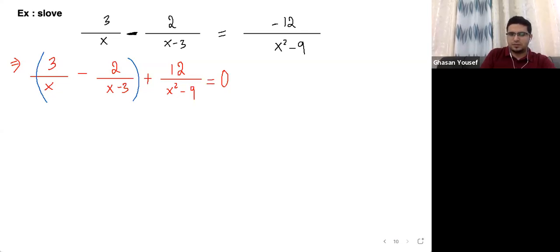Now to combine these, I have to make the denominators equal. So I have to multiply this side by x minus 3, here, x minus 3. And I have to multiply the other side, this one, by what? By x.